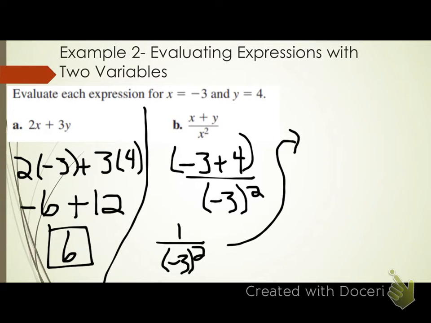What is negative 3 squared? Is it positive 9 or negative 9? I heard both. Positive. Why is it positive? Two negatives make a positive. Very good. What's negative 3 squared telling me to do? Multiply by itself. Multiply negative 3 times negative 3. Negative 3 times negative 3 gives me positive 9.